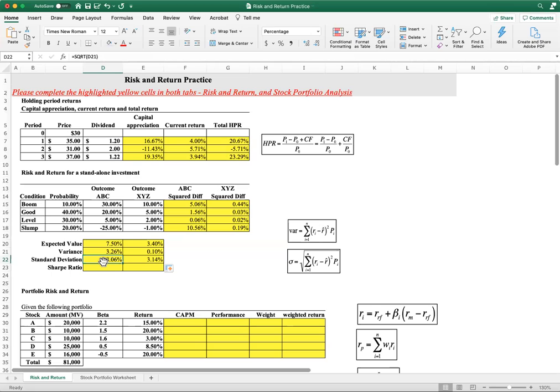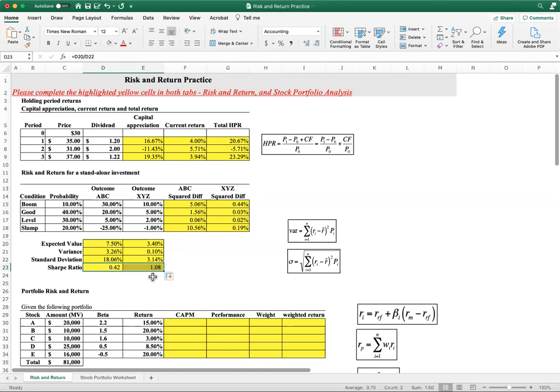We know the risk-free rate is the same for both of the stocks here, so we don't actually need to factor it in, right? So simply what we are going to do is use the expected return divided by the standard deviation, which is risk. So the Sharpe ratio for ABC is 0.24. The Sharpe ratio for XYZ is 1.08.